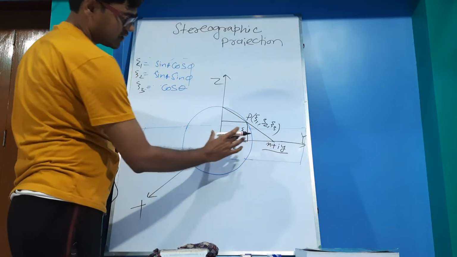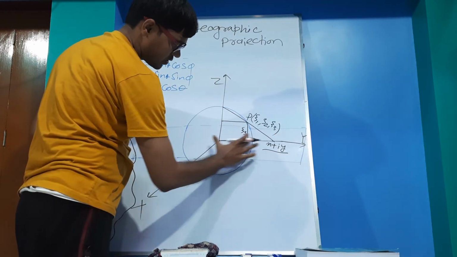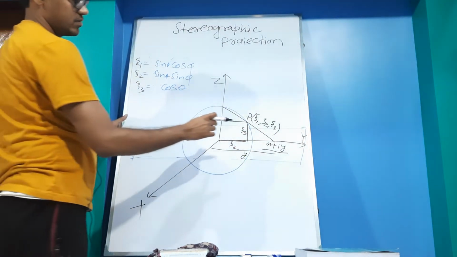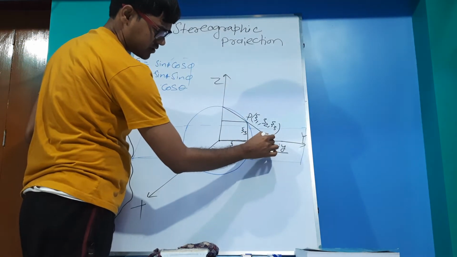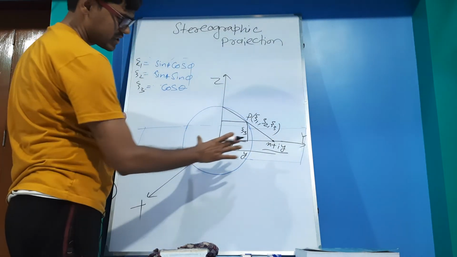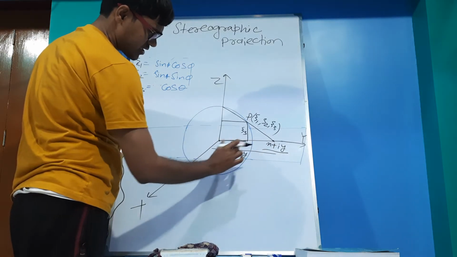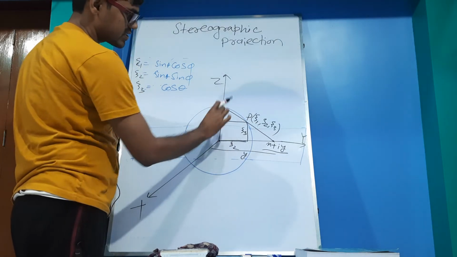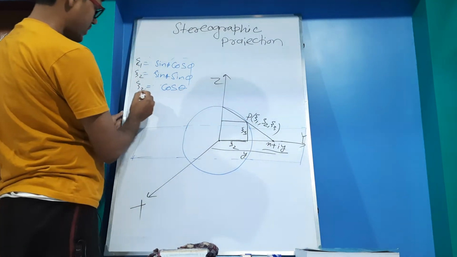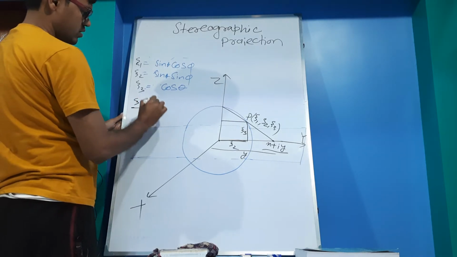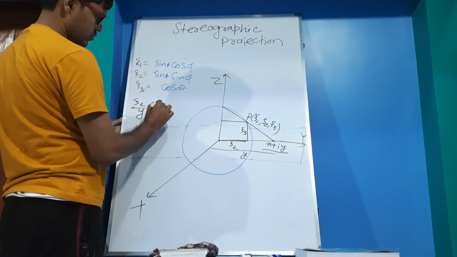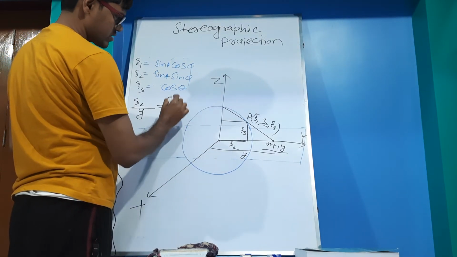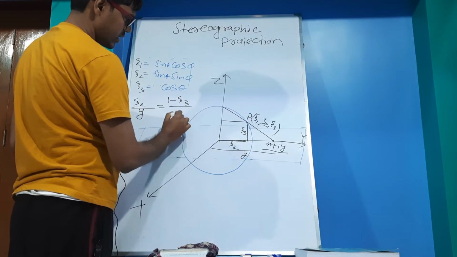Check this one divided by the whole thing is y. We have assumed x plus iy is the point in the plane. Now this distance is the y distance and this is xi2. So this by whole will be equal to this by whole. So I'm writing xi2 divided by y will be equal to this distance, that is 1 minus xi3, by 1.